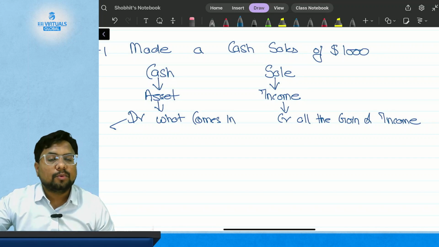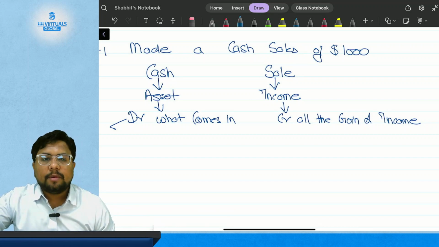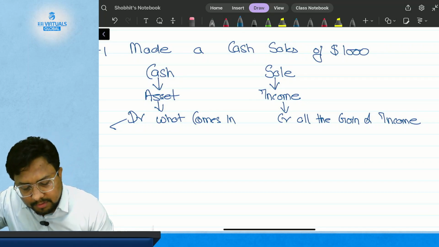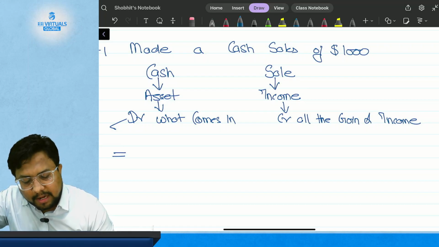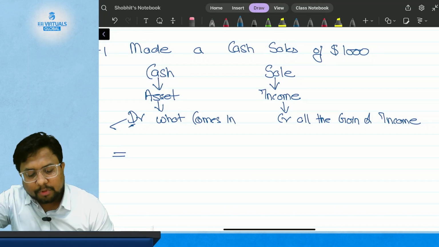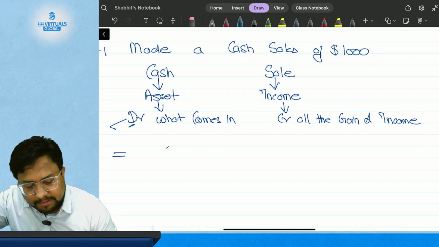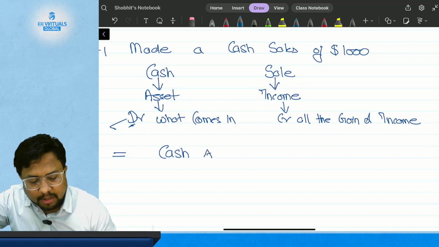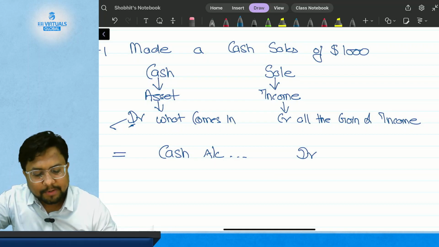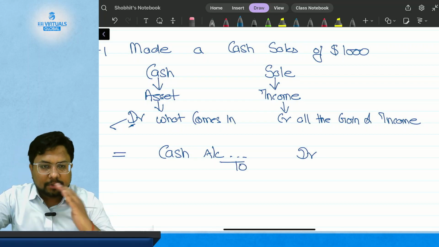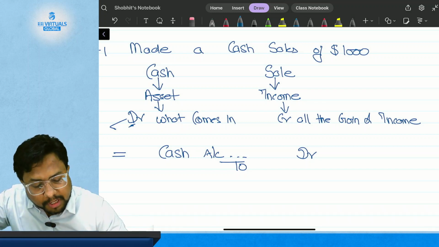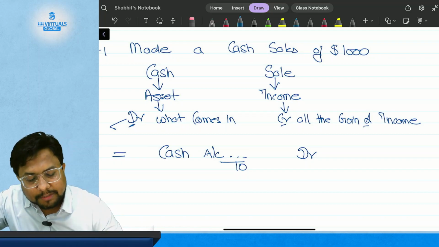Now I have to apply these rules while making a journal entry. First we do debit on the journal entry and then we do credit. So I will debit the cash account. Cash account debited to, now comes the credit part, to credit all the income and gains. What is my income?